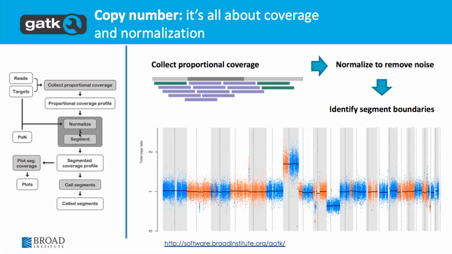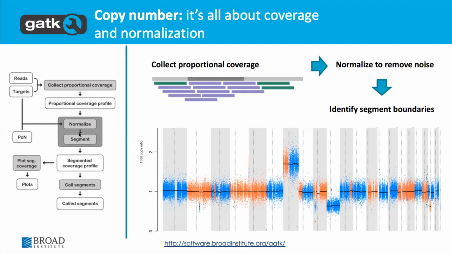If you have 2 copies of that region within your cell, whether it's 2 copies on the same chromosome or a duplication of the chromosome itself, you're going to expect twice as much coverage at that site, because those reads are going to align to a single place on your reference, and then you'll just observe twice as much coverage.